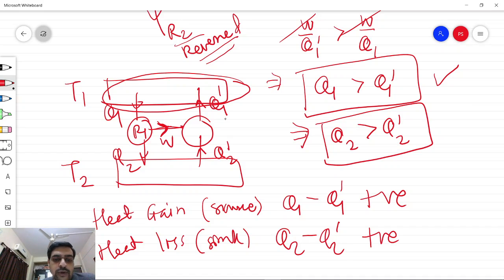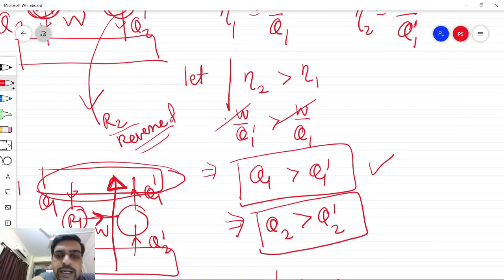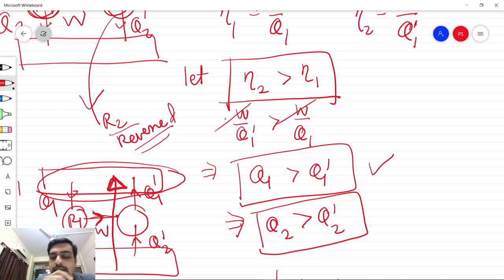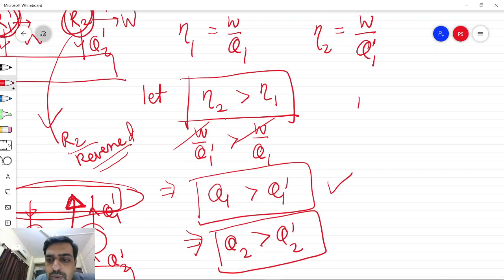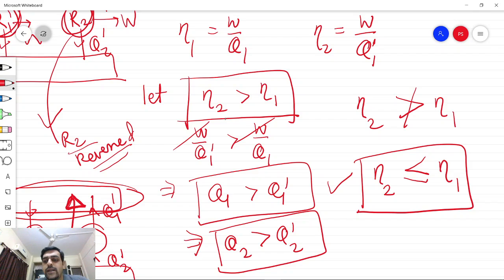So again heat is transferred from a region of lower temperature to a region of higher temperature, which is not acceptable. And since it is not acceptable, our initial argument that eta 2 is greater than eta 1 is not correct. So the obvious option left is that eta 2 is either less than or equal to eta 1. This is the correct option.